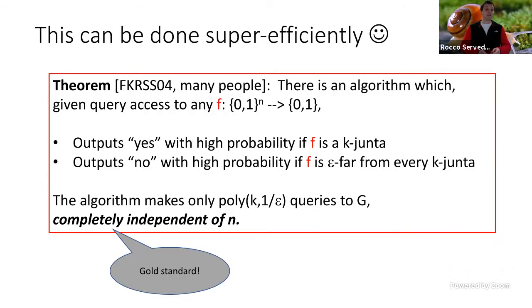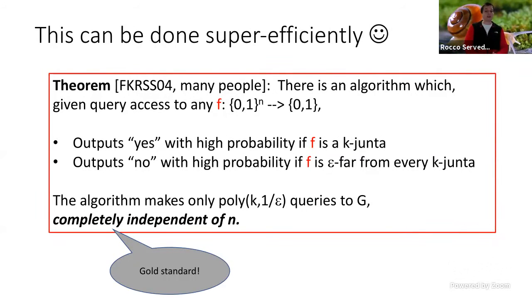If you give me any n-variable Boolean function, there's an efficient algorithm which will say yes if the function is a k-junta. It will say no if the function is epsilon-far from every k-junta. And you can do this with this gold standard sample complexity.